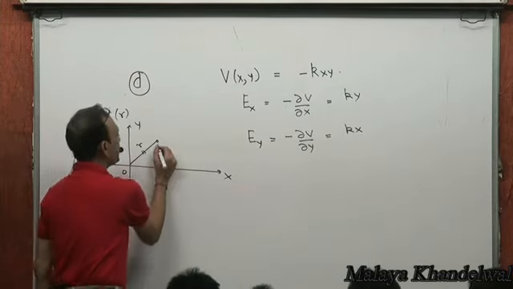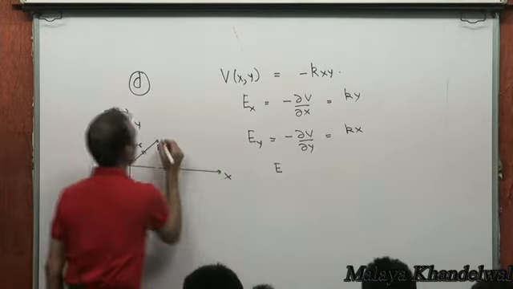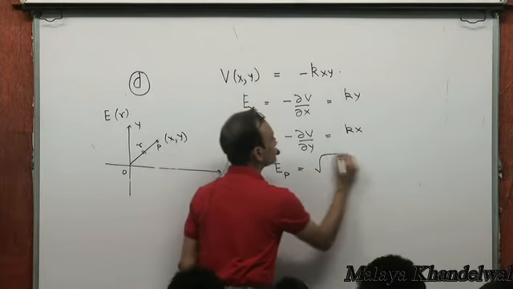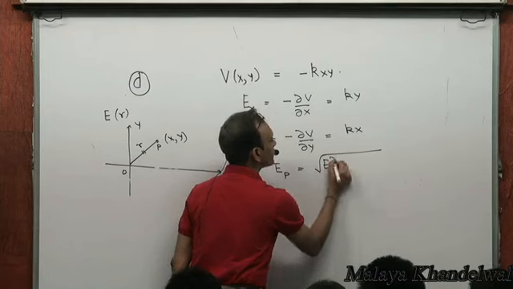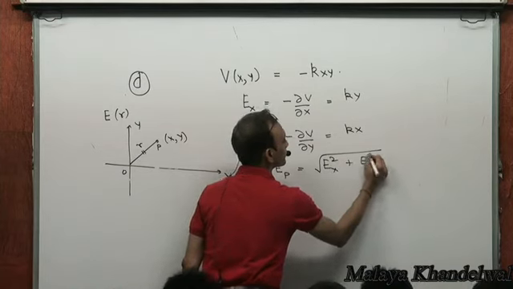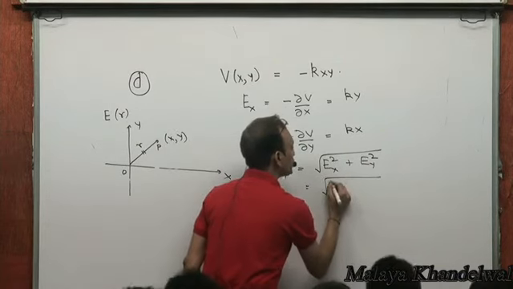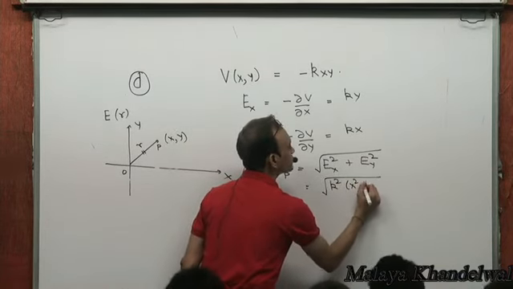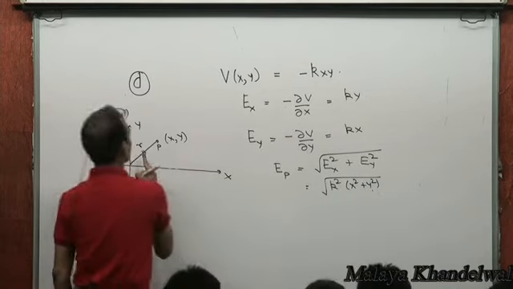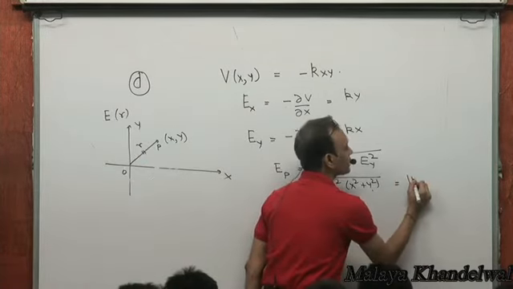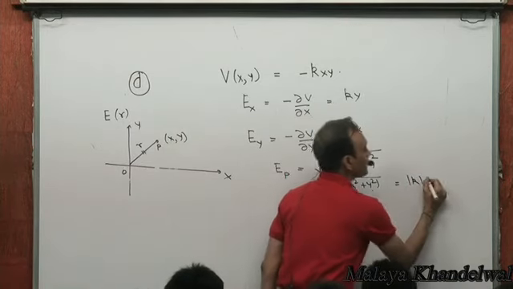The electric field at any point P, whose coordinates are x comma y, is going to be given by root Ex squared plus Ey squared, which is root k squared into x squared plus y squared. But x squared plus y squared is r squared. So this would be given by mod k times r, since root k squared is mod k.